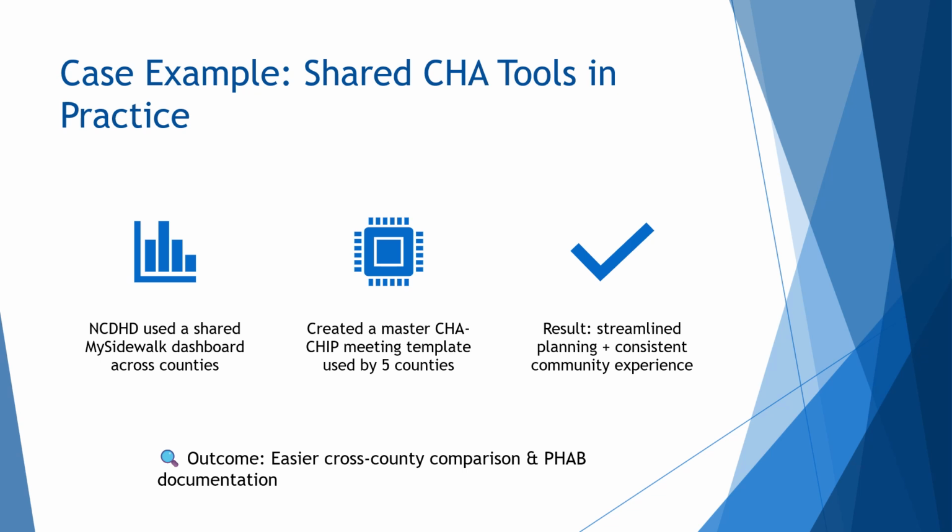It resulted in a streamlined planning process, a consistent community experience for all those stakeholders that were present, and a good cross-county comparison, and should be good for documentation. So overall, a really great example of how they took a lot of different digital software, took advantage of a lot of person-to-person conversations, and converged on some priorities. I thought they did a great job.